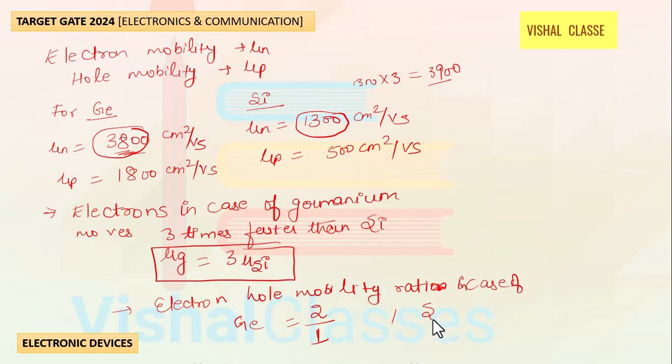And in case of silicon, its value is 2.8 divided by 1.